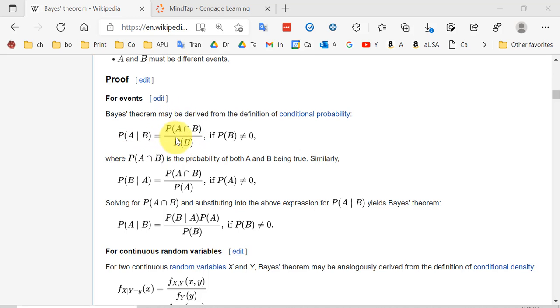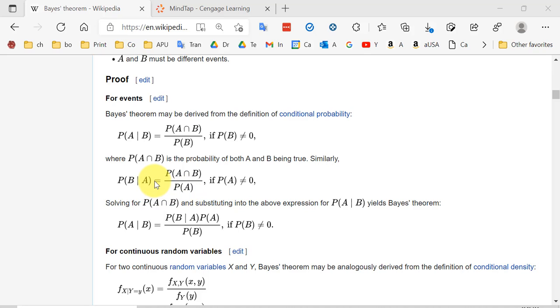This is just the definition of conditional probability. And then we can also write the definition of conditional probability where we have reversed B and A. Now for this one, we can bring this over to here, so we have an expression for the probability of A intersect B as this times this one.